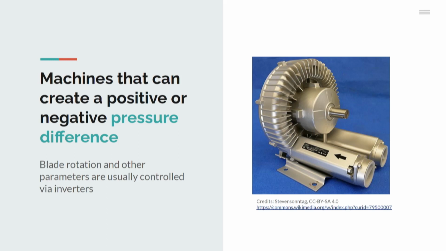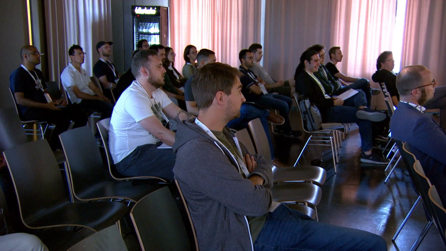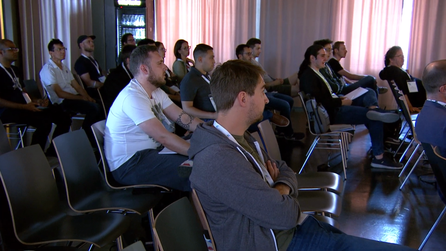Okay, this is a picture from not our customers. This is from Wikipedia. You can learn a bit more also. I think there is only an article in German about side channel blowers on Wikipedia, and not in English, and that really surprised me.